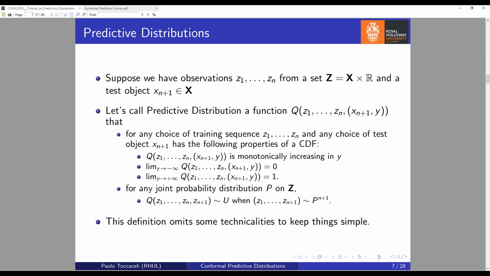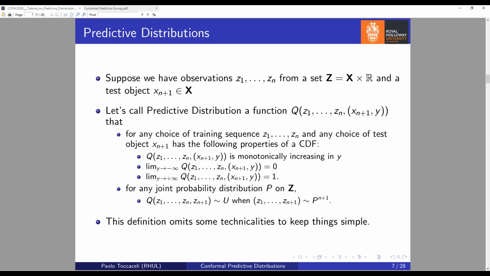So let's define predictive distributions for our context. So we have observations Z1 to Zn from a set Z, and a test object denoted with X n+1. So we call predictive distribution here a function Q of the training set Z1 to Zn and of a hypothetical test observation made up of the test object and our hypothetical value for the label that has the following properties. For any choice of training sequence and any choice of test object, Q has the properties of a CDF.